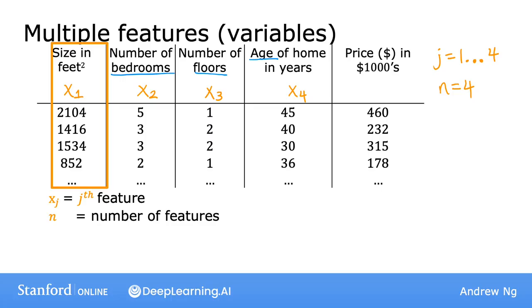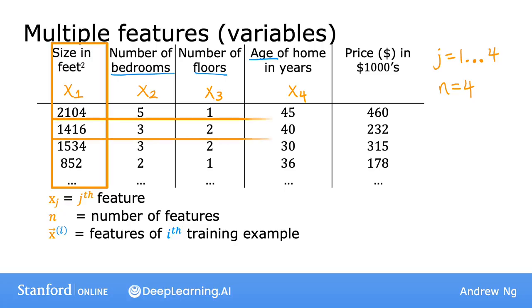As before, we'll use x superscript i to denote the ith training example. So here, x superscript i is actually going to be a list of 4 numbers, or sometimes we'll call this a vector that includes all the features of the ith training example.